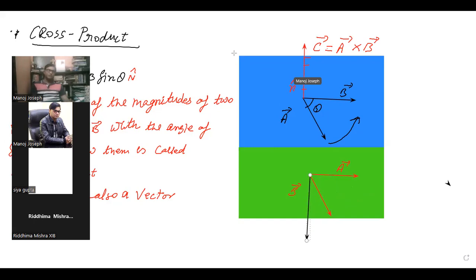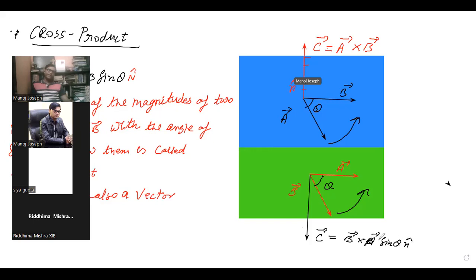Now C is in the opposite direction. This is the angle. Now rotation is from B to A, so C is B cross A.